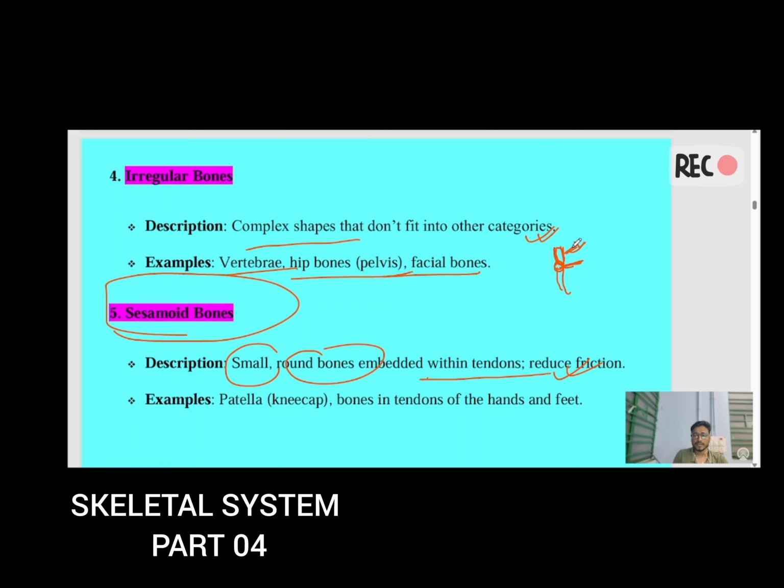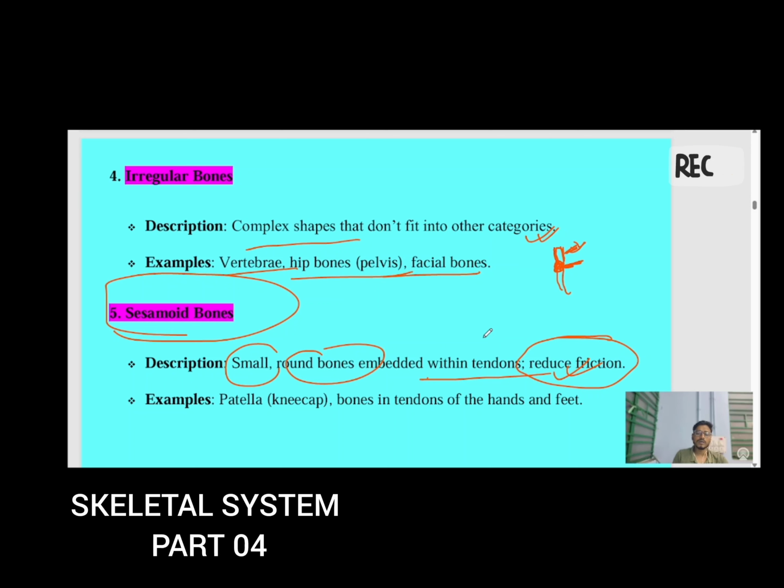Patella absorbs the force, and this force is called tensile force. It also helps reduce friction of the joints.